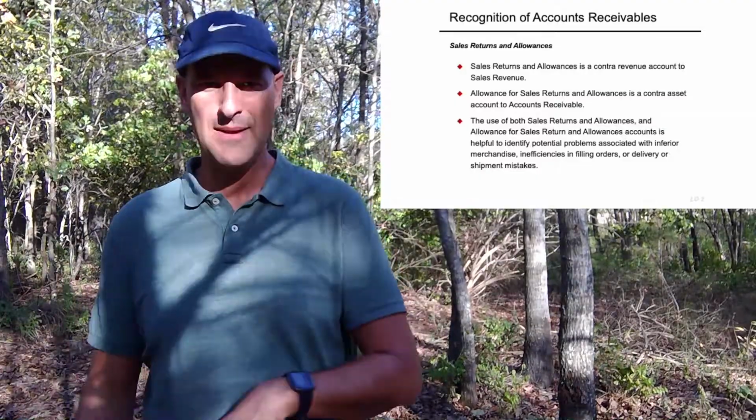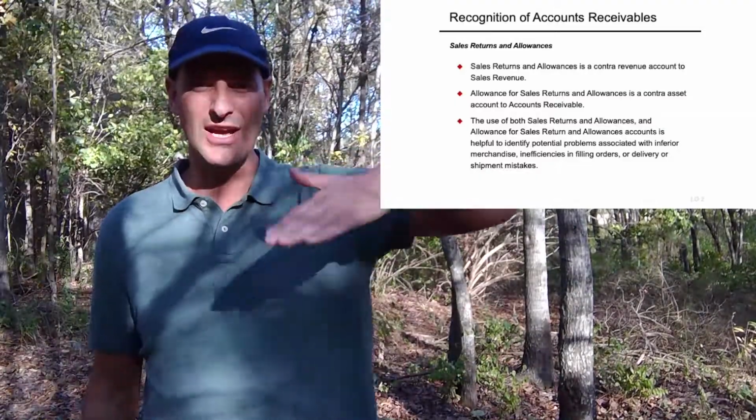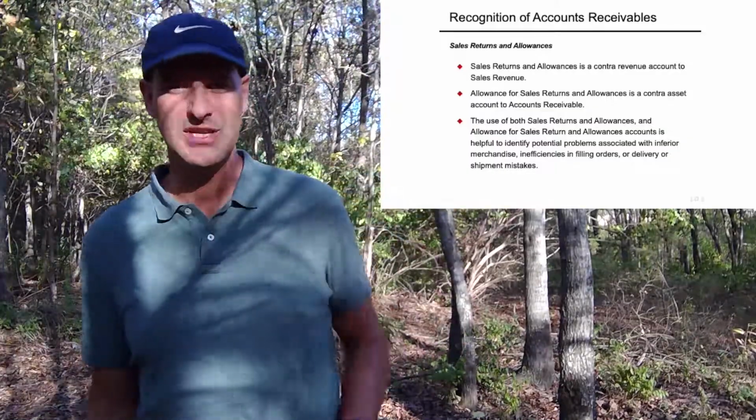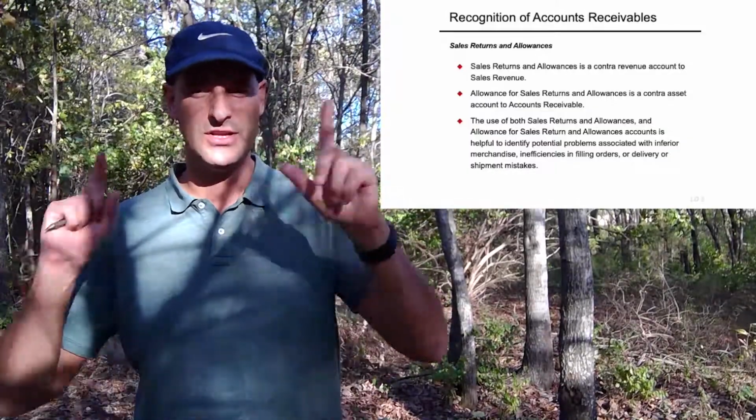At the same time, I reduce the sales account for sales returns and allowances, making sure that works on both sides. The use of both the sales returns and allowances and the allowance for sales returns and allowances account is helpful in identifying problems. So with inferior goods, this is why management wants to track it separately and why we use separate accounts as opposed to just reducing the sales account, for instance.